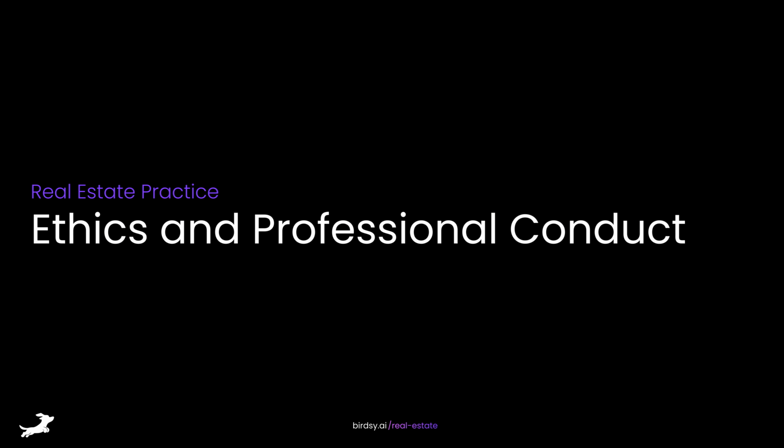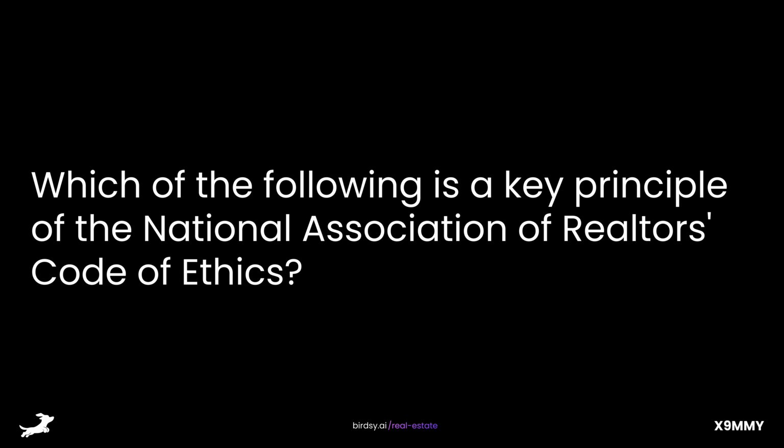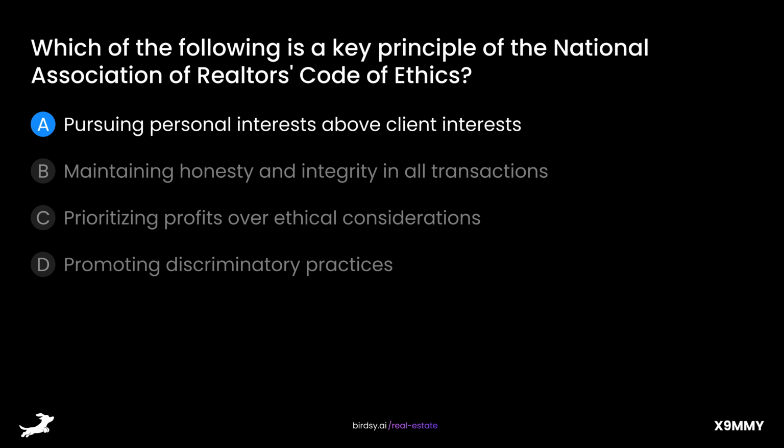Ethics and professional conduct. Which of the following is a key principle of the National Association of Realtors Code of Ethics? Is it A, pursuing personal interests above client interests, B, maintaining honesty and integrity in all transactions, C, prioritizing profits over ethical considerations, or D, promoting discriminatory practices?